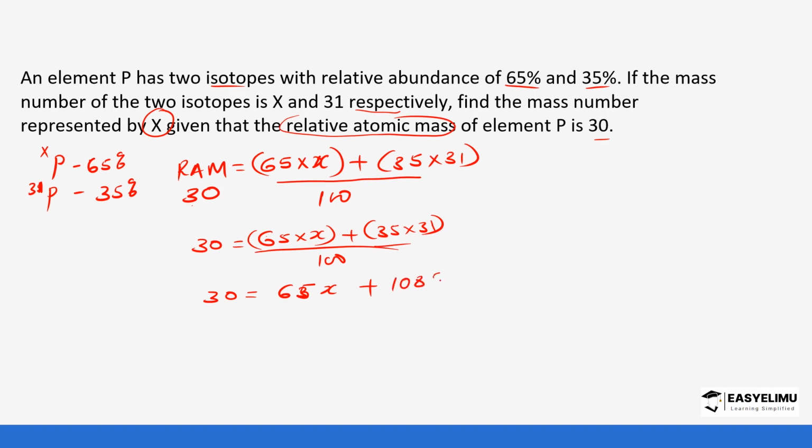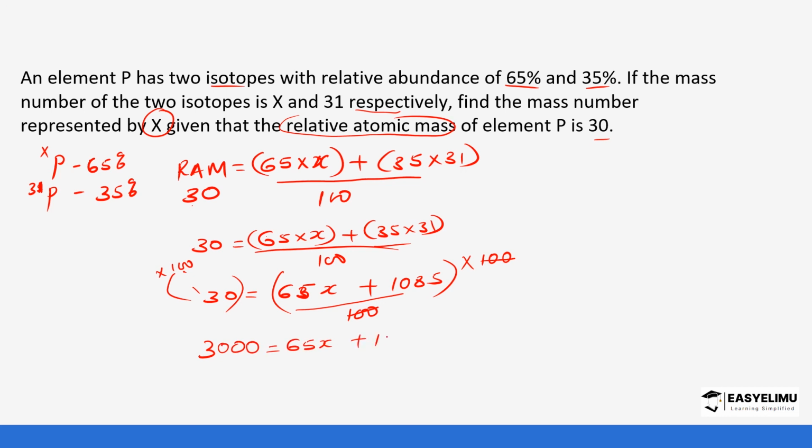So first we need to remove this denominator. We do so by multiplying everywhere by 100. So we multiply this side by 100. We multiply this side by 100. So this 100 cancels with this, and we have 100 times 30, which gives us 3000, which is equal to our 65X plus 1085.